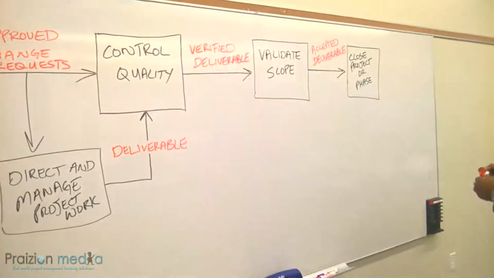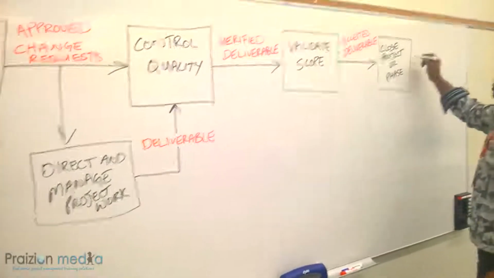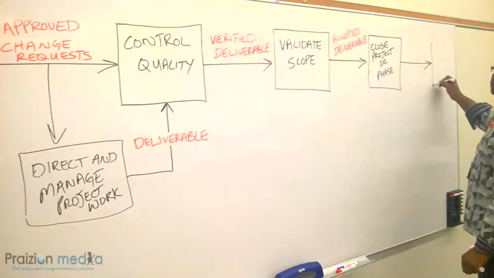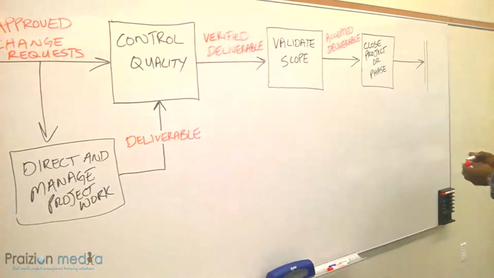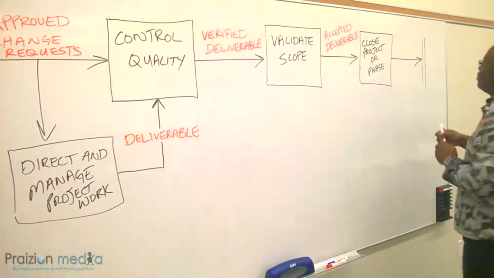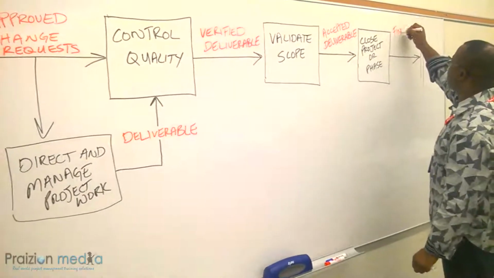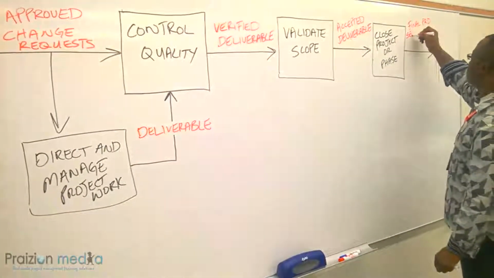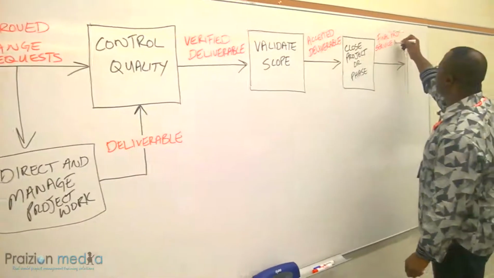And if all goes well, we have a final input, which is pretty much terminal, and this is known as final product, service or result transition.